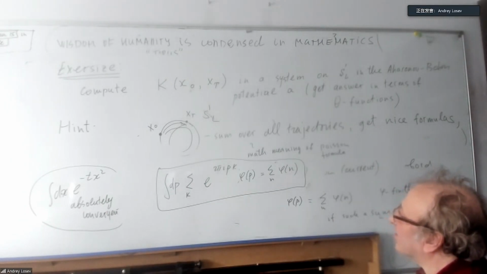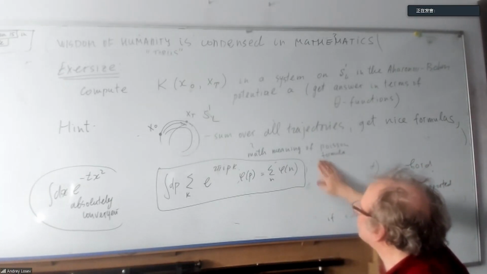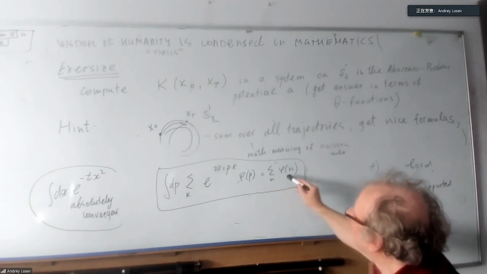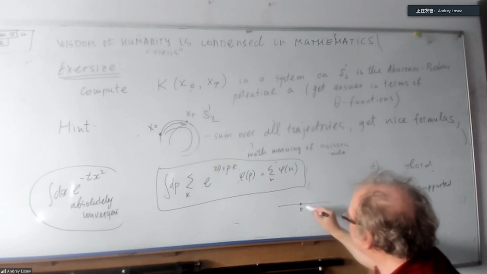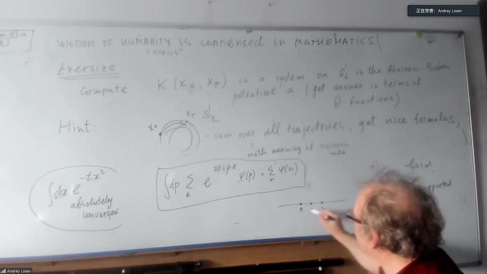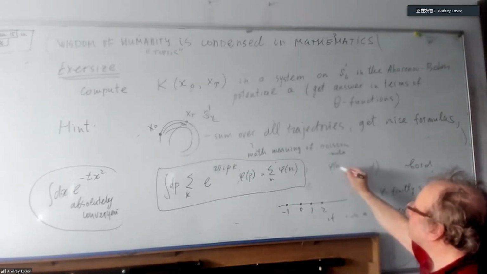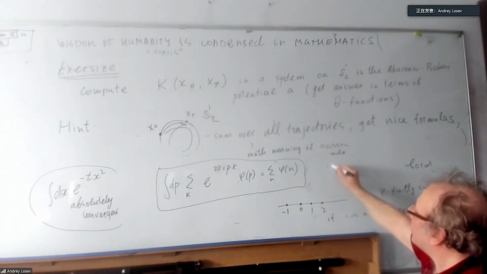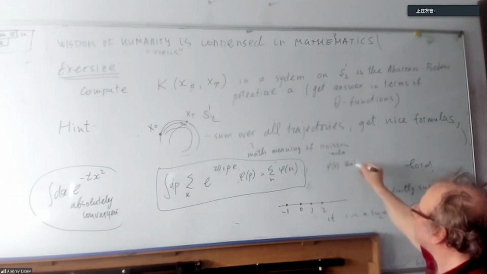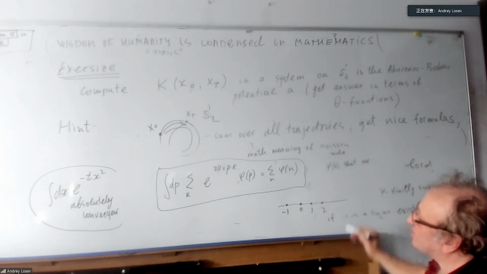Now let us try to see how we can prove it. So first of all, we have this line 0, 1, 2, etc. It is enough to prove it for the functions phi of x that are finitely supported.